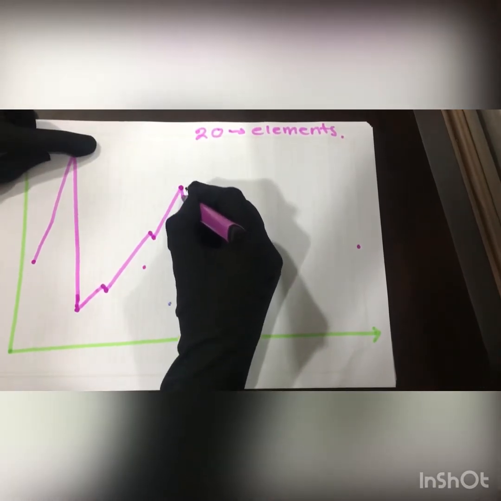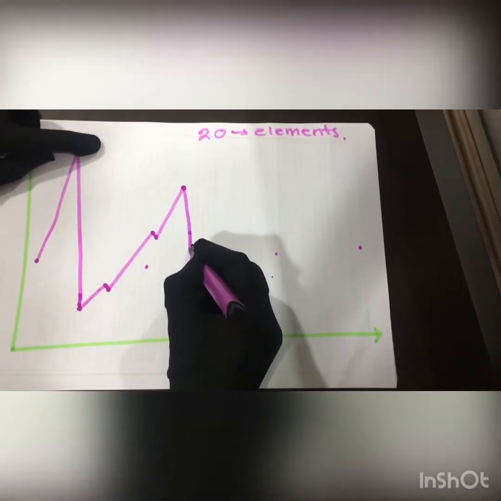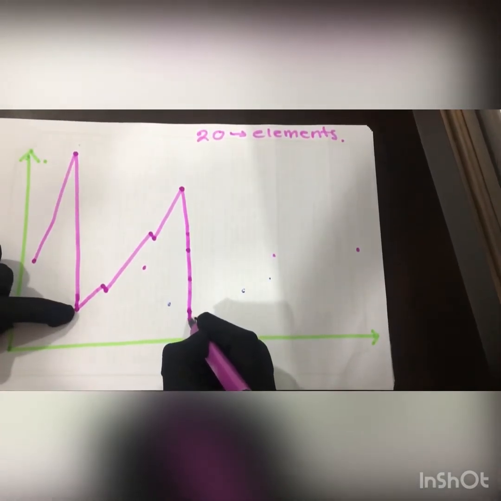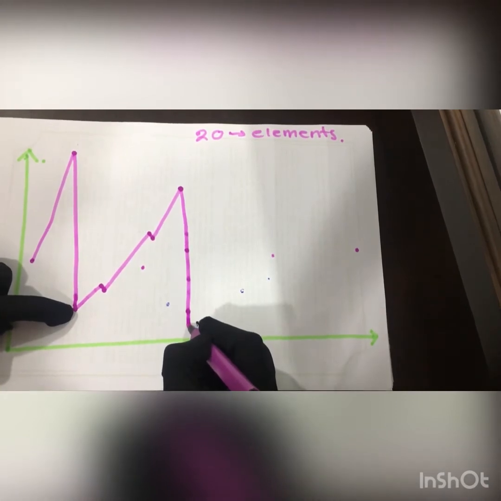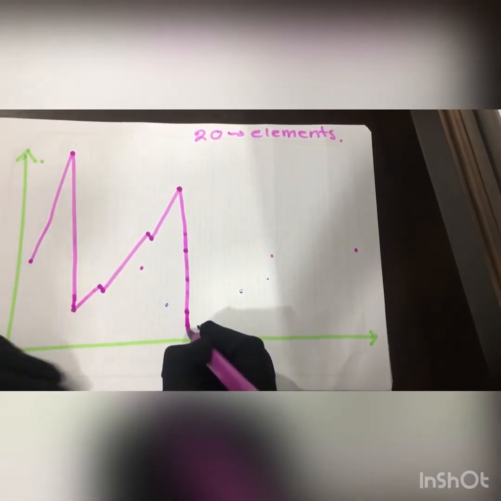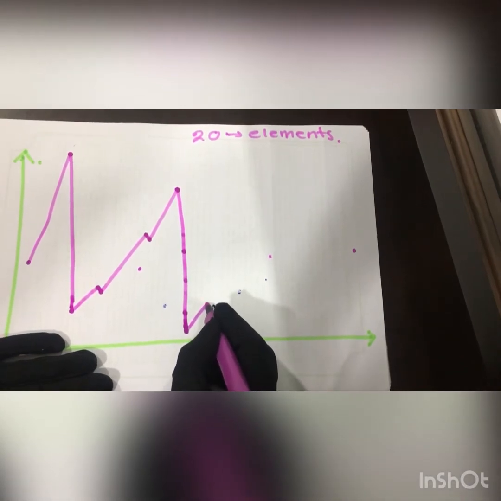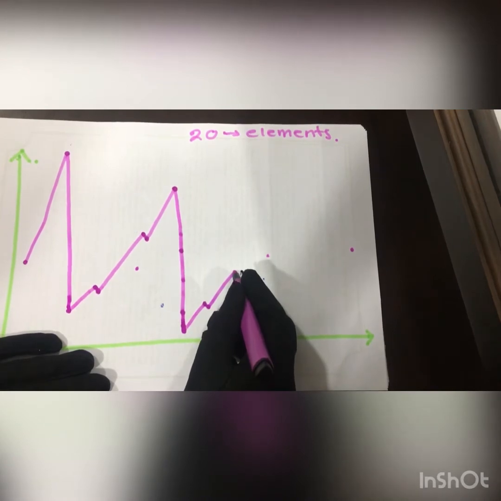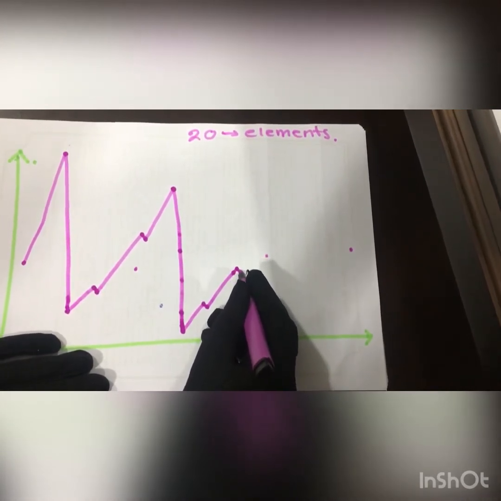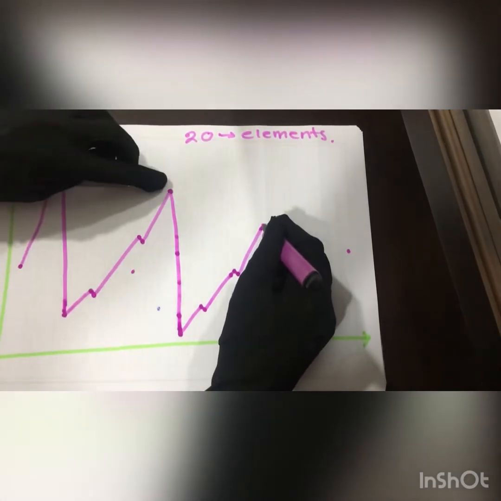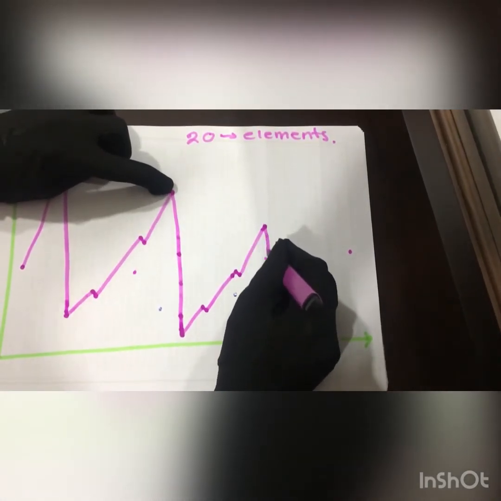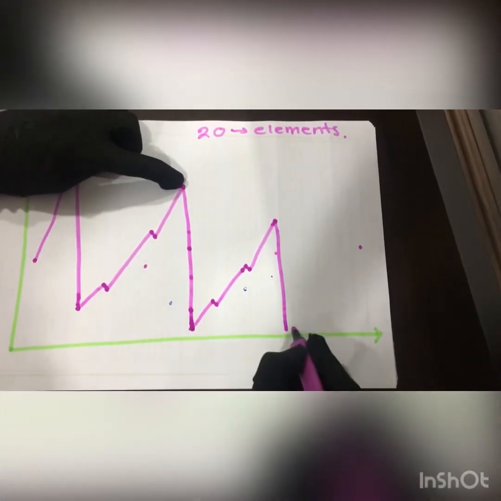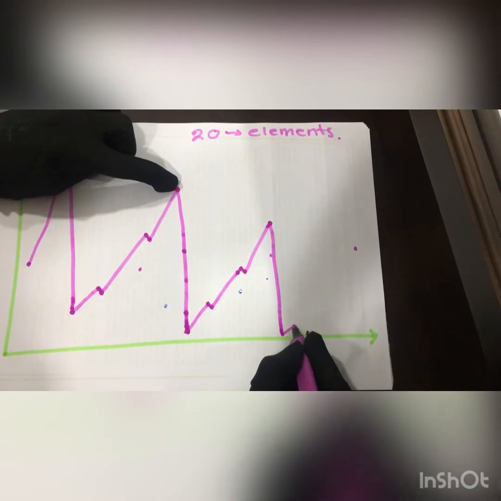Again it falls down, below the first hill part. Then again a small rise and a drop, and then a slightly bigger rise and a drop, and the third hill should be below the second hill, and when it comes down it should be below that.